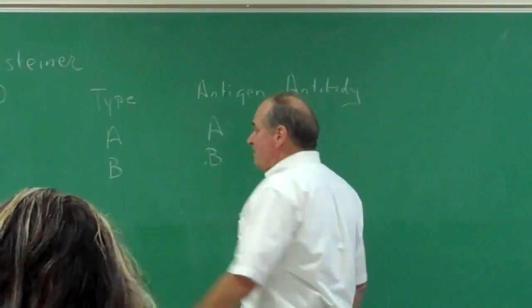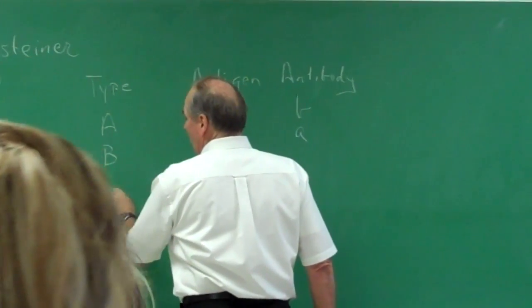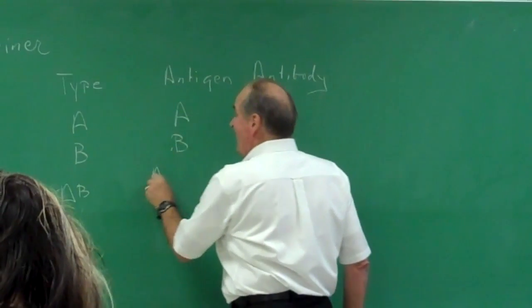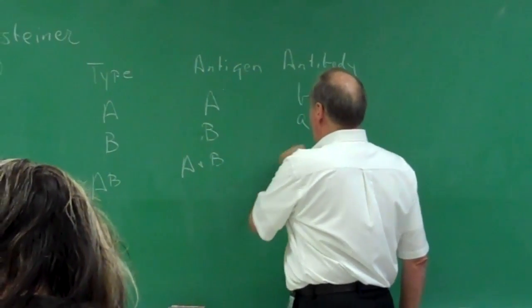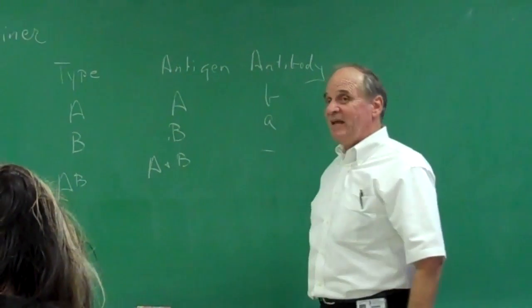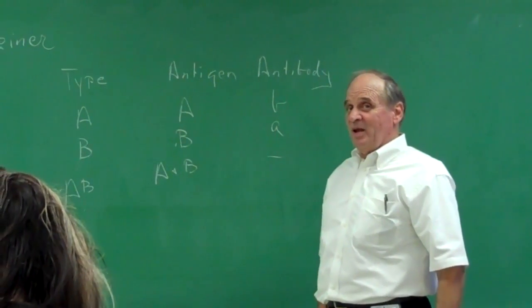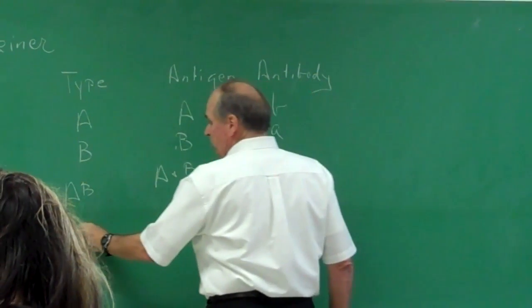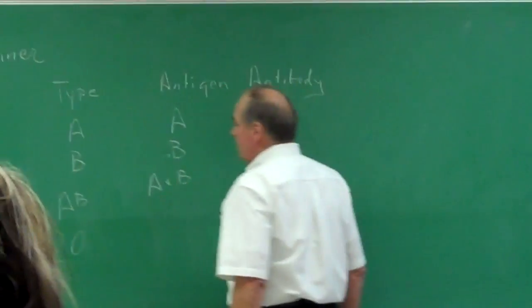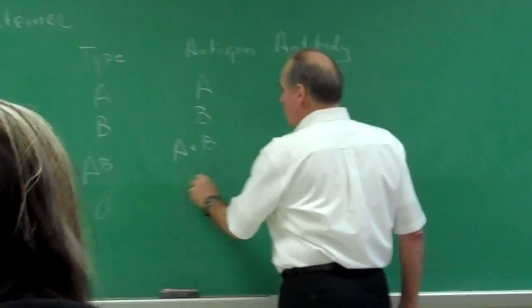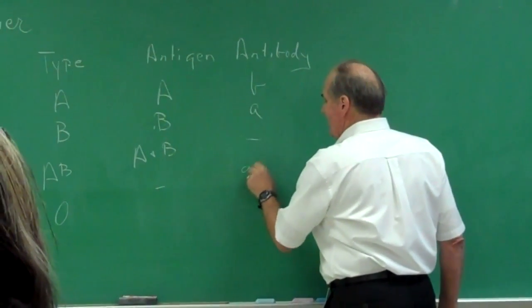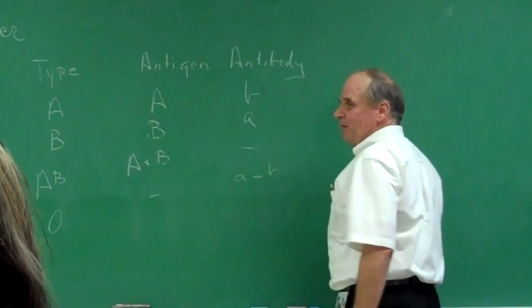If you're type AB blood, you have A and B antigens and no antibodies. If you're like Kimberly and you're type O blood, you have no antigens and A and B antibodies.